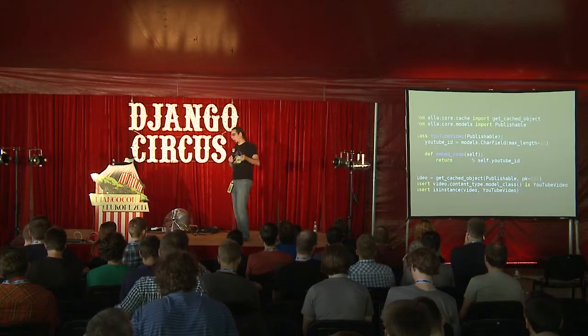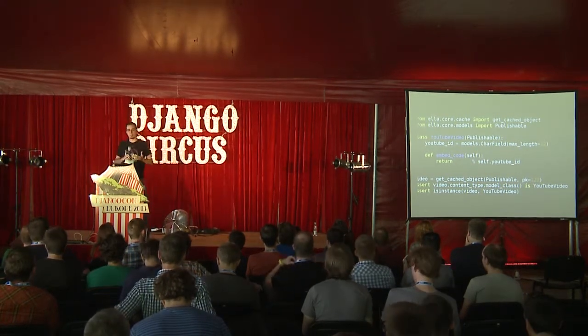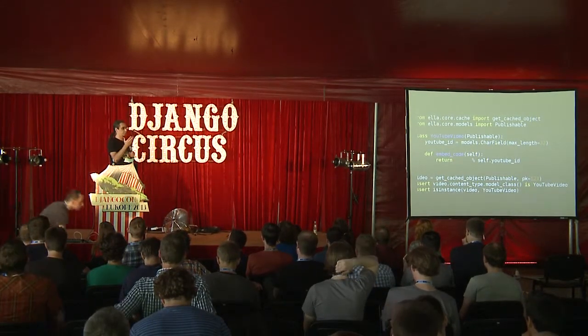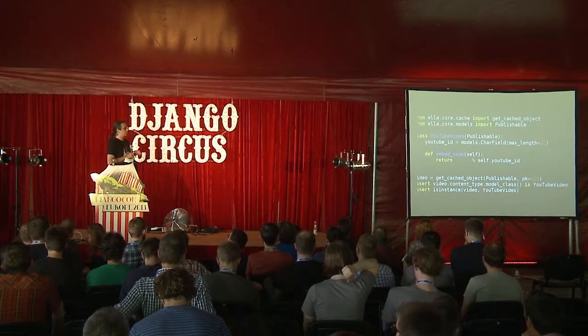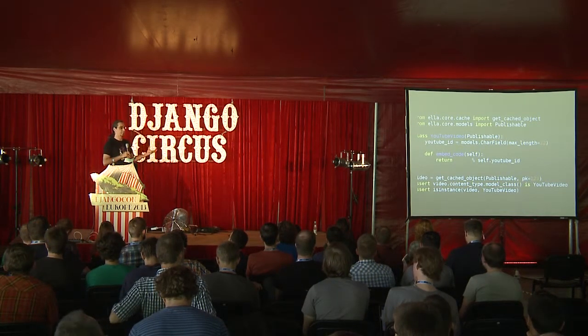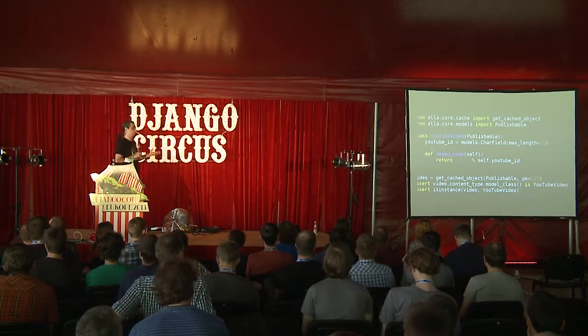And how we got away with it is that all the methods that we use to access the data are aware that publishable can be extended. So when I ask for a publishable with a specific ID, and that ID happens to be a YouTube video, I get back a YouTube video, which is easy code.